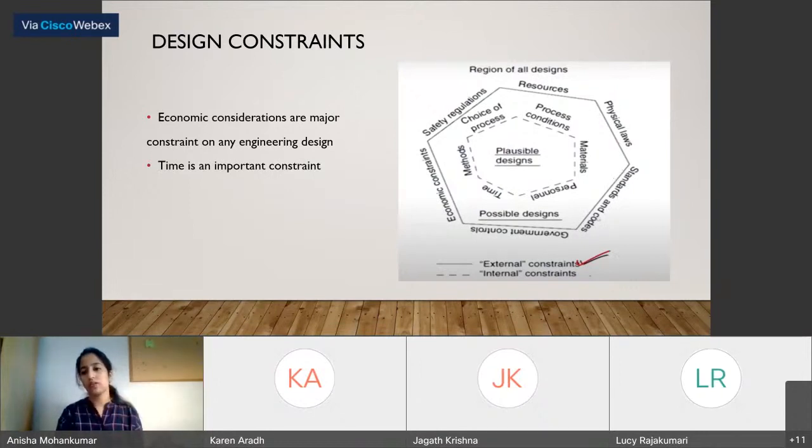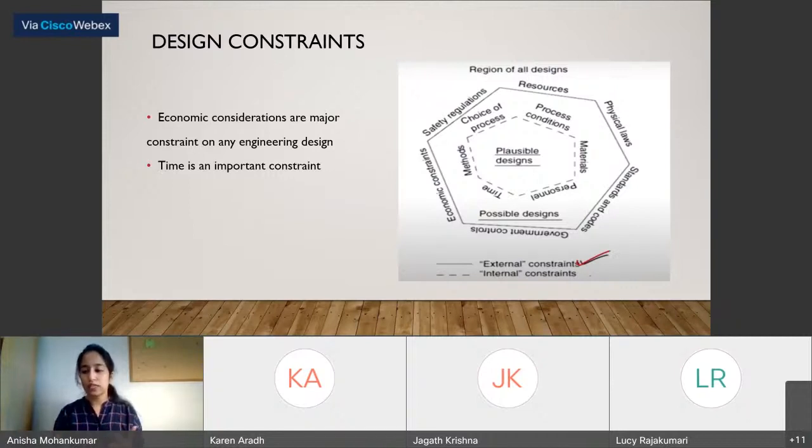Standards and codes are basically for the pipelines and the vessels. Every vessel and every pipeline has to be designed under certain standards and codes, so nothing can be deviated. Everything has to be followed. I can give you an example of designing a pressure vessel.